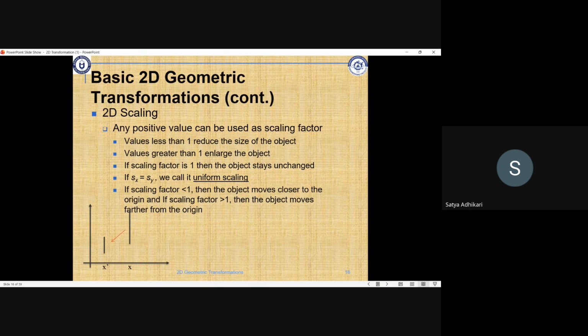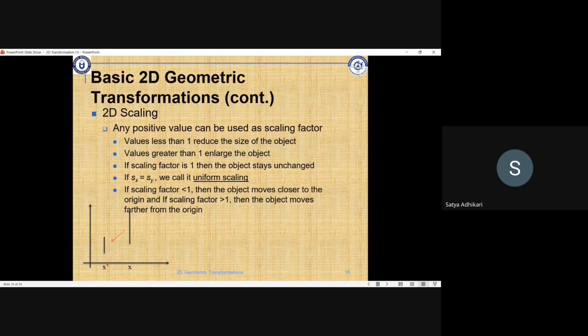If the factor is less than 1, the object moves closer to the origin. You see, this is x and x dash. Our initial was x. Now you see x dash is smaller.